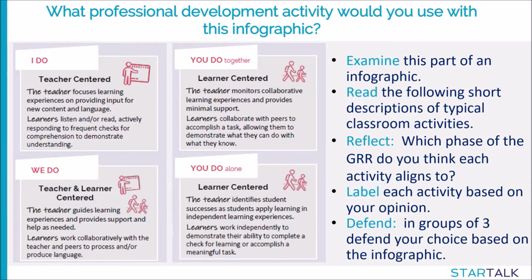I would ask them to make changes in their choices based on what they come to an agreement with their group. So this would be getting them ready, maybe then, to apply the GRR to a learning plan based on a specific topic. But this would definitely be acquire and process.